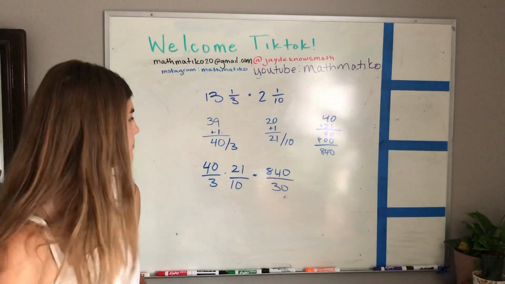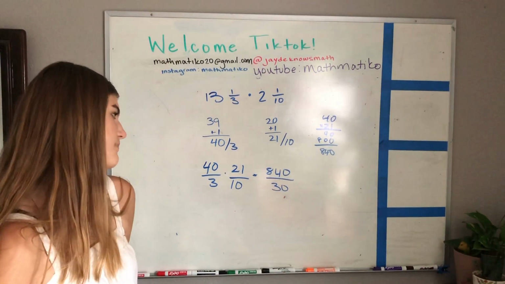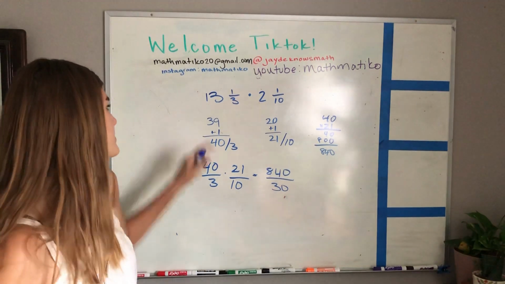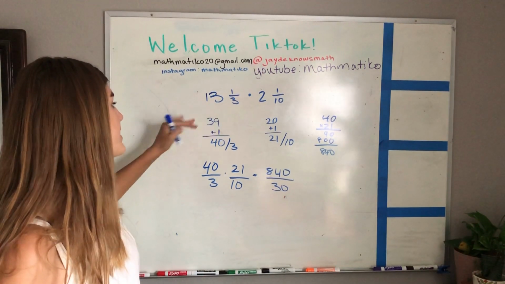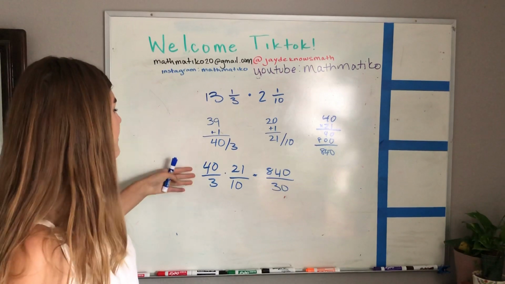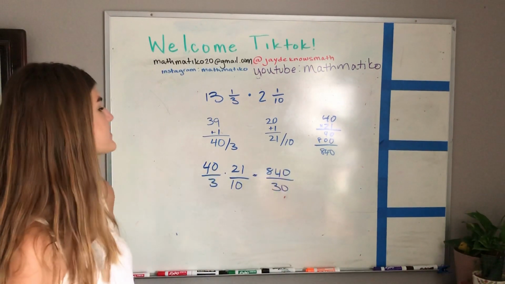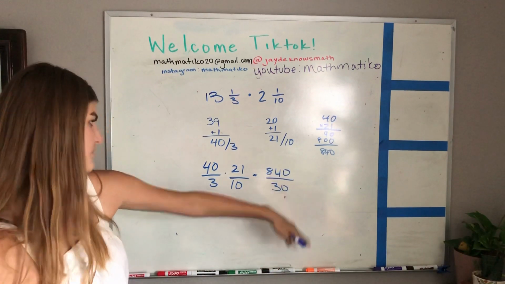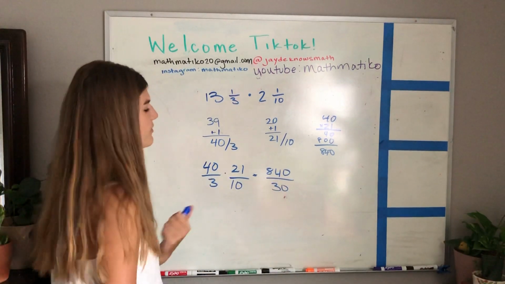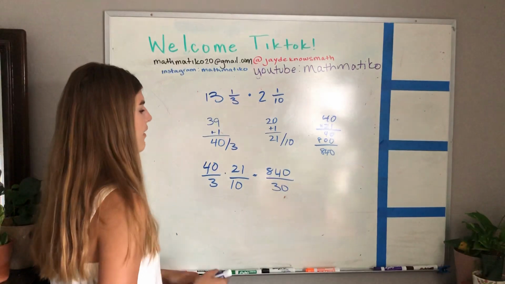This is beginning of 6th grade. So again, what we did was we turned these into improper fractions, and then we multiplied straight across to get our answer. And you guys can reduce this and convert this into whatever you like.